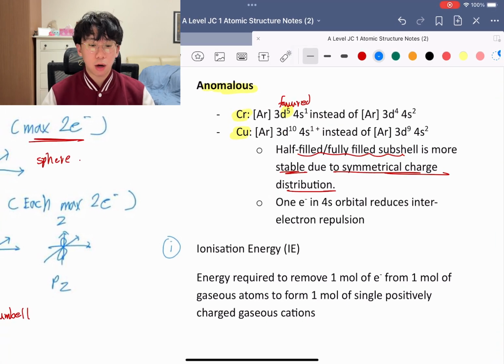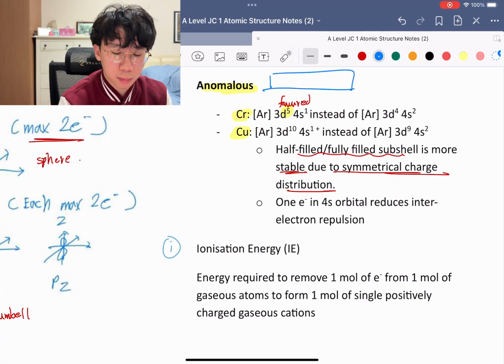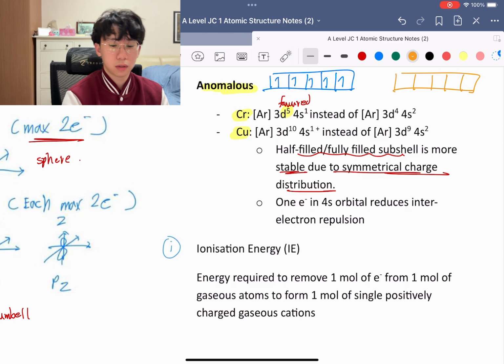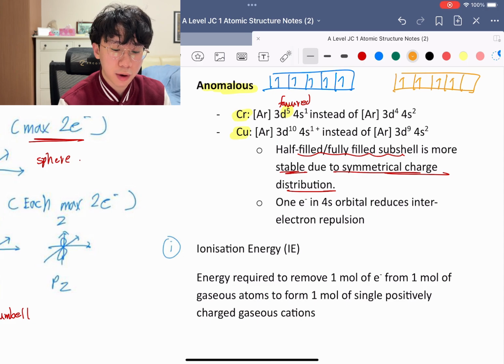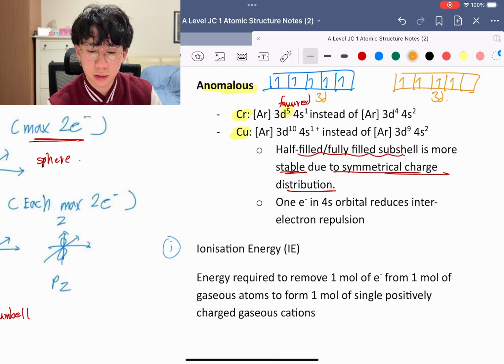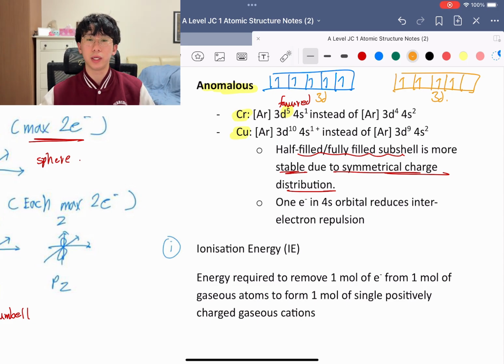So if I were to draw out the 3d orbital here, I would split this into 5, and here, it's also split into 5. What they're trying to say is, for chromium, I want to singly fill everything here versus the one on the right, where I only fill 4 of it up and fill up the 4s orbital fully.